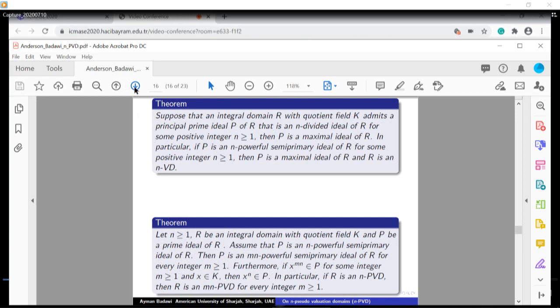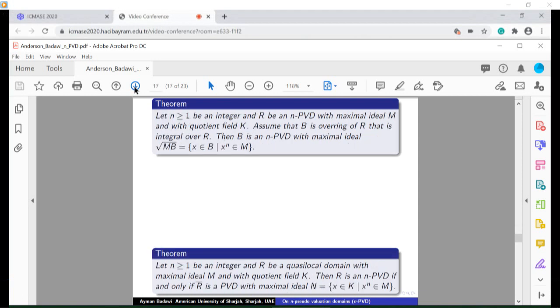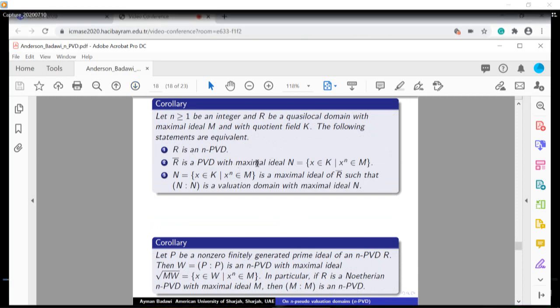I think I am supposed to stop now. So I will end up with this classification of n pseudo valuation domains.